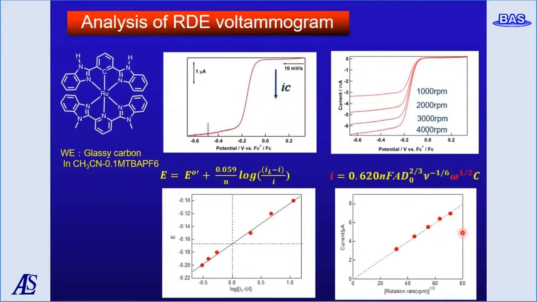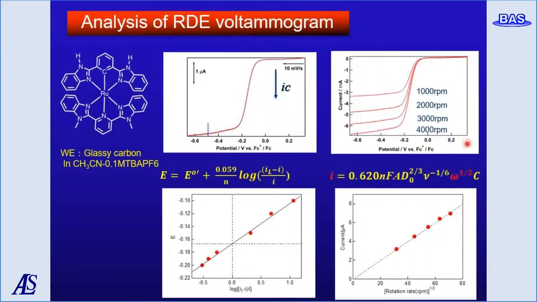In order to know how to analyze RDE voltammograms, one example is to pick up again the ruthenium bis-benzimidazole-pyridine complex. Here are shown RDE voltammograms and the rotation rate dependence.